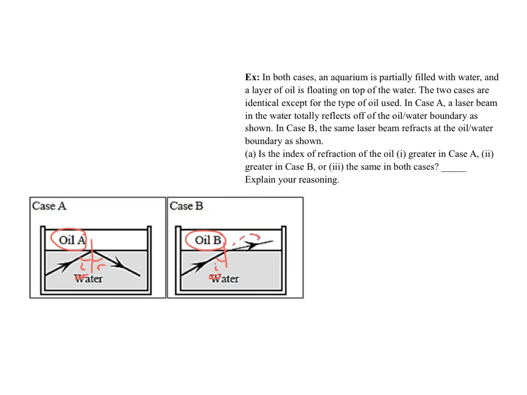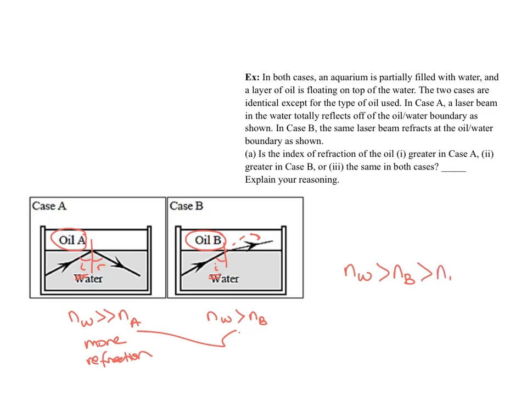That means that n water is bigger than nA, because here there will be more refraction, and here the light ray can pass through oil B. Water is bigger than nB, but not as much as in case A. So when you put them in one relation, n water is bigger than nB and it is bigger than nA.